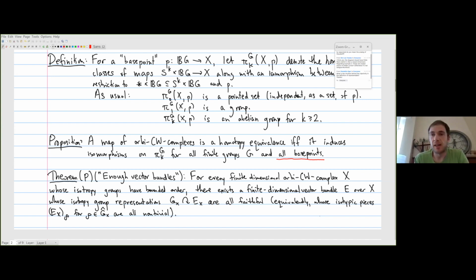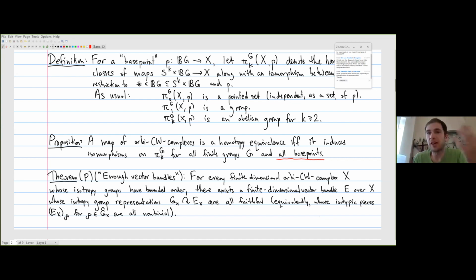Okay. So finally, one last general statement about the topology of Orbispaces. There's this result, enough vector bundles. This was conjectured by Andre Enriquez. First of all, let me say, if you have a vector bundle over an Orbispace, what are its fibers? Well, if you take a point X with automorphism group G sub X, the fiber E sub X of the vector bundle over that point carries an action of the isotropy group.